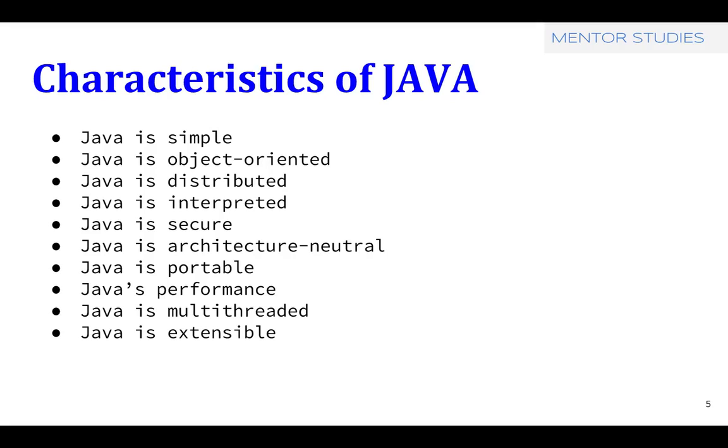Then there is the performance aspect of Java. Java has great performance. Once the Java code is compiled, an intermediate file is generated, which we call the byte code or the class file. The Java code we write is not executed directly on the Java virtual machine or on any operating system.